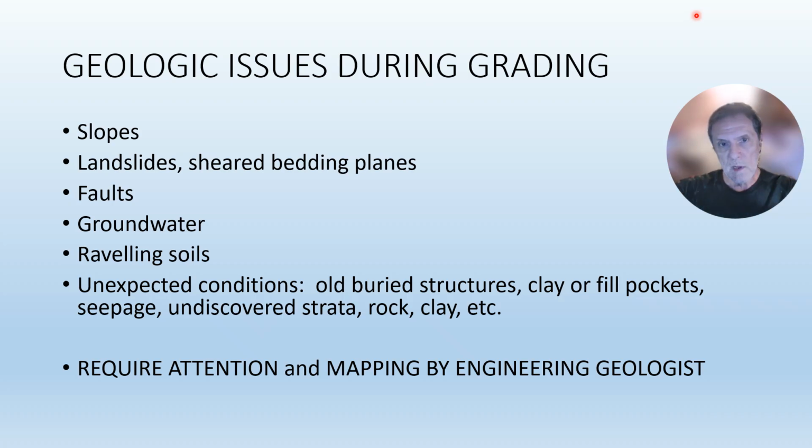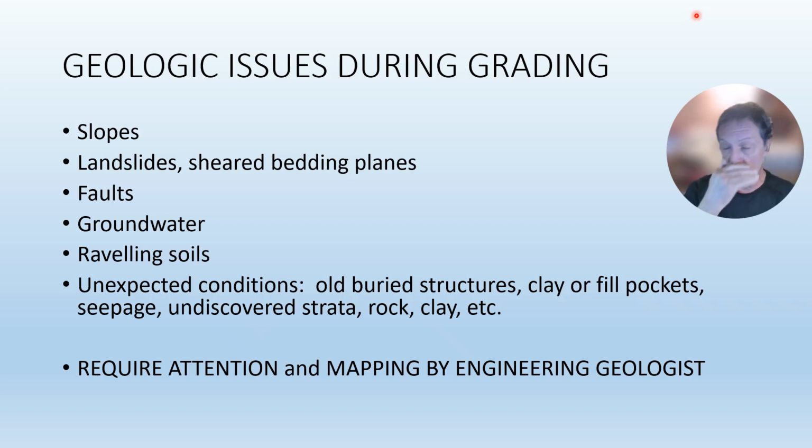Raveling soils. Raveling means dry rolling of grains of dusty sands, loose sands, etc., on a slope. Then you may have done your best during the investigation to assess conditions, but often during grading you can run into unexpected conditions.